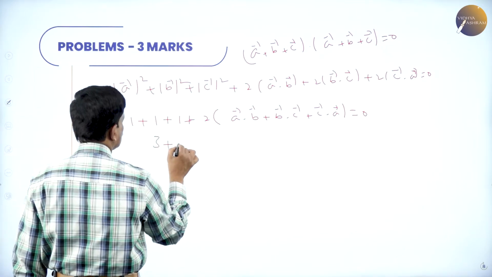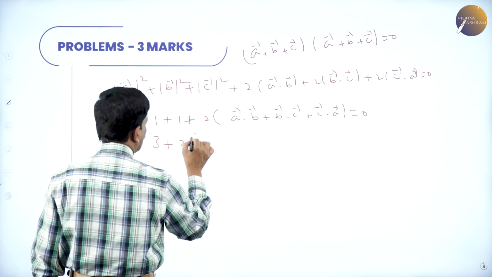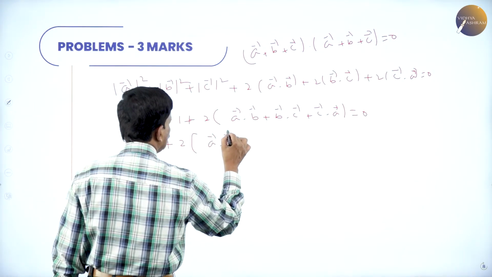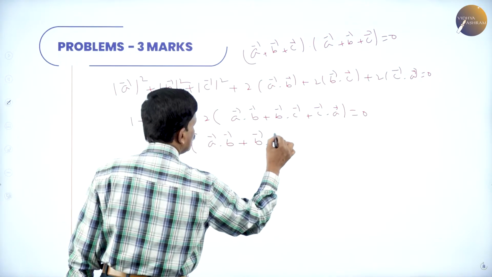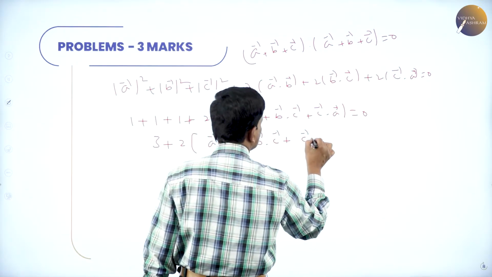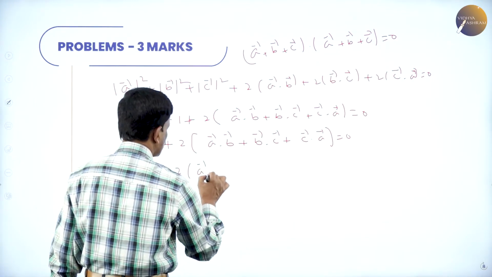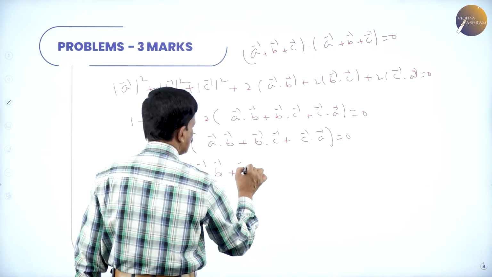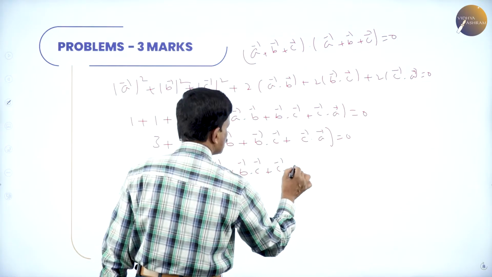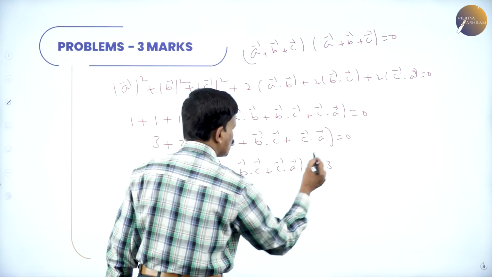1 plus 1 plus 1 is 3, plus 2 times A dot B plus B dot C plus C dot A is equal to 0. You just keep 2 times A dot B plus B dot C plus C dot A and transfer plus 3, which becomes minus 3.